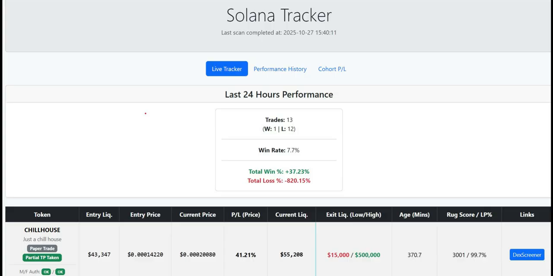Rug score/LP% provides another layer of security, showing a high safety score and that 100% of the liquidity is locked. Finally, the links column gives you a one-click button to open the detailed chart on Dex Screener for your own analysis. This dashboard is your command center for viewing every potential opportunity the tracker is actively analyzing.